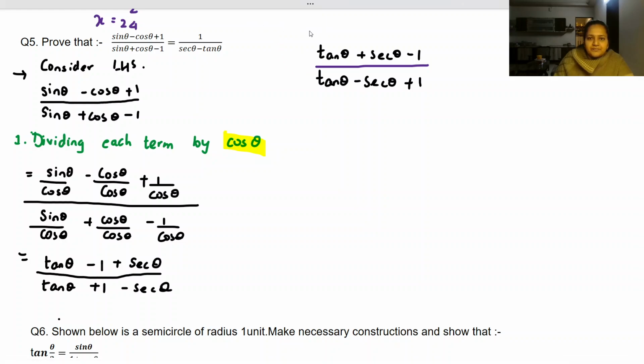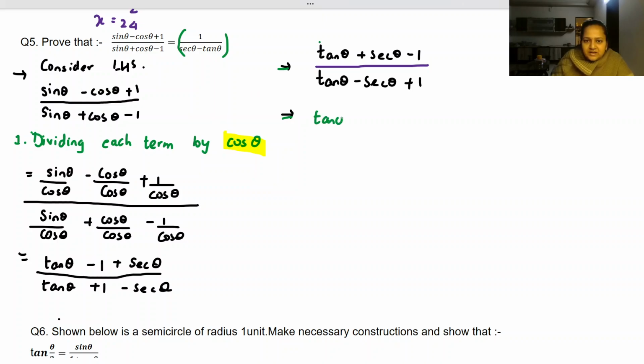Now in the third step, I'll put this arrow sign so that you understand that there is a step involved over here. Next, whatever is your RHS, we'll multiply and divide by the same.